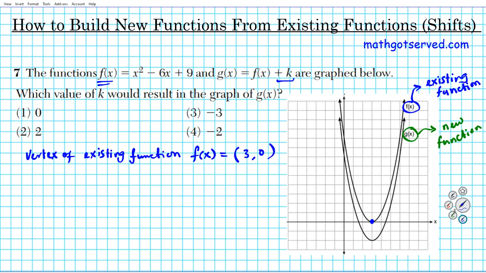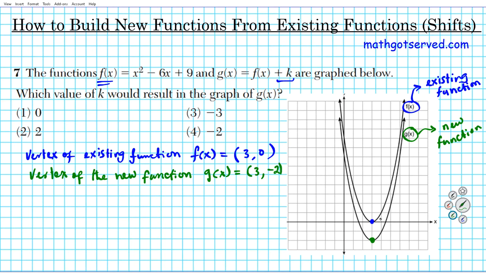What is the vertex of the new function? Take a look at it. It's right here. The vertex of the new function g of x is 3, negative 2.